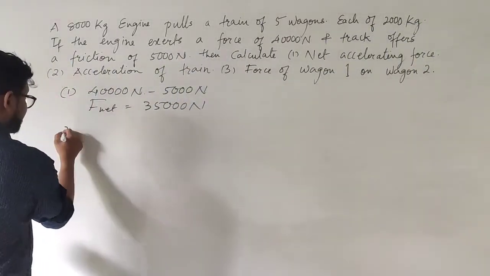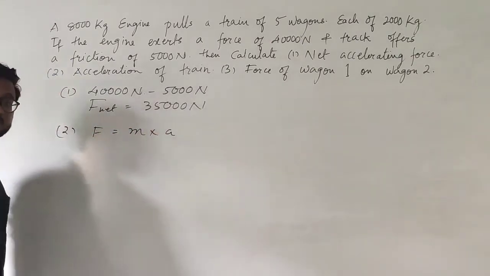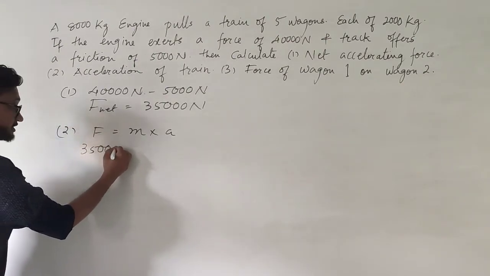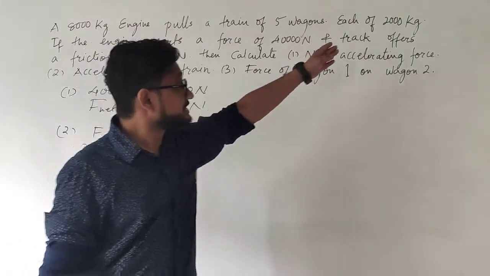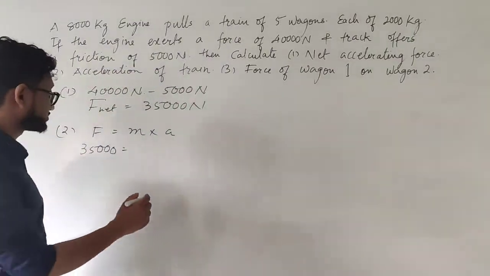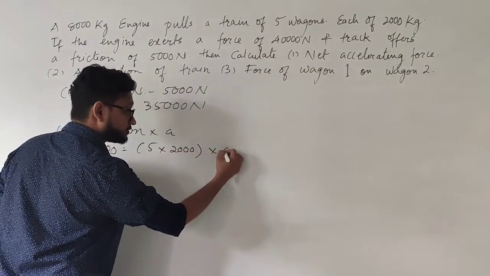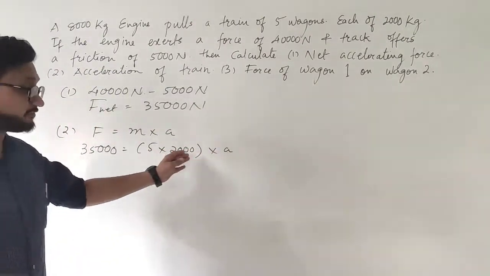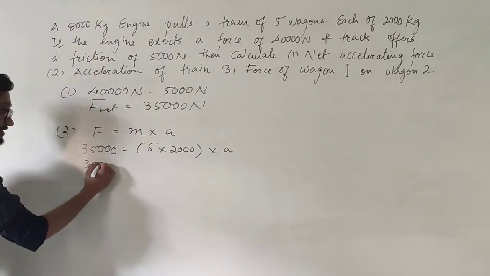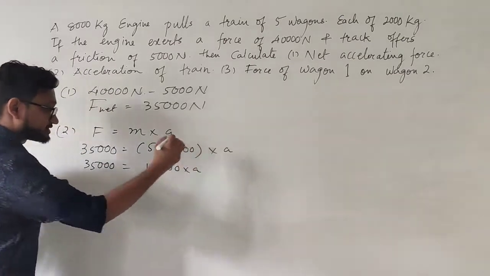Okay, so the second part of the question, F is equal to M into A. The force is given as 35,000 newtons. Mass, each wagon is 2,000, and how many wagons are there? 5 wagons. So 5 multiplied by 2,000 into acceleration. This will give you 5 into 2, that is 10,000 kilograms, into acceleration.